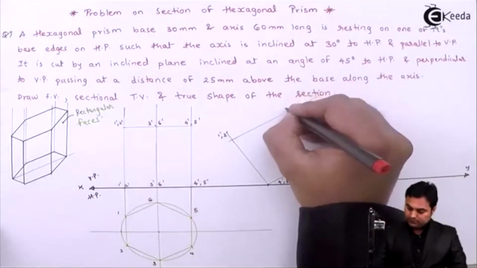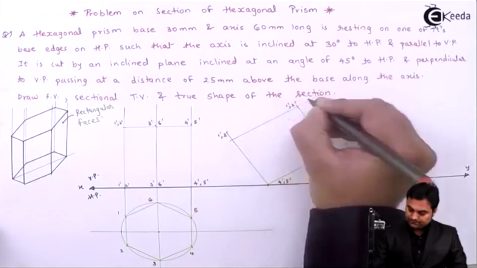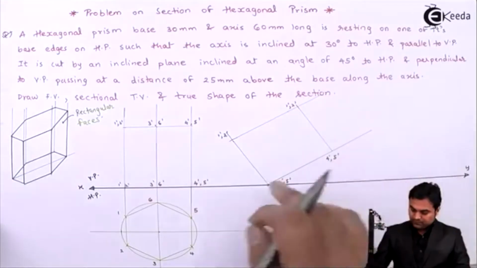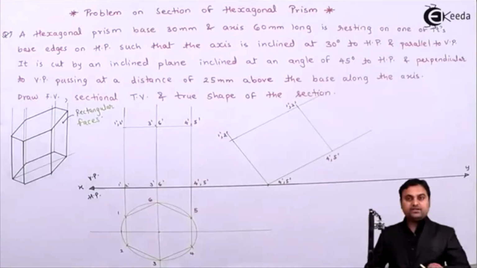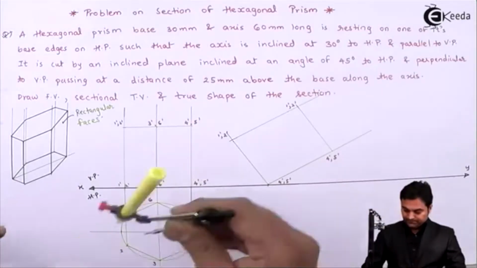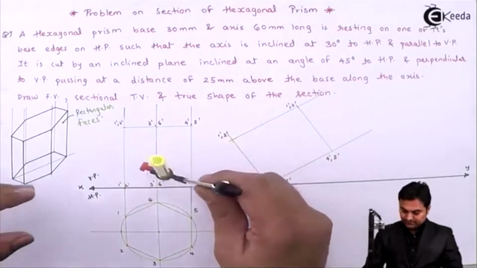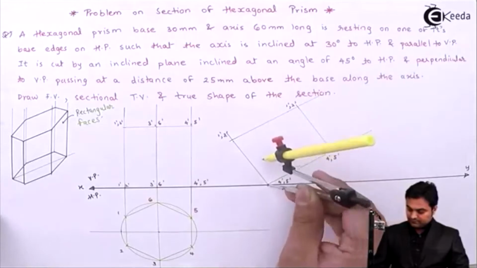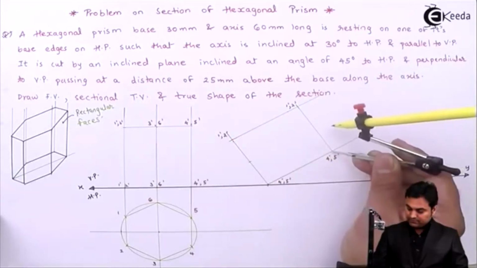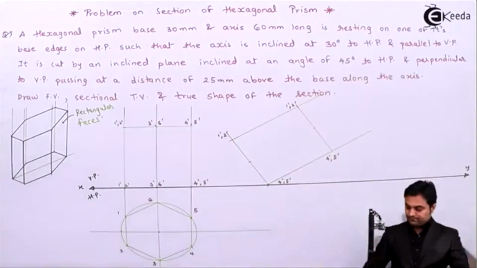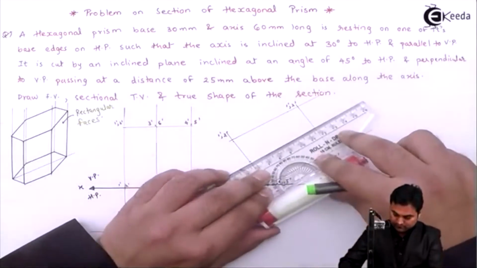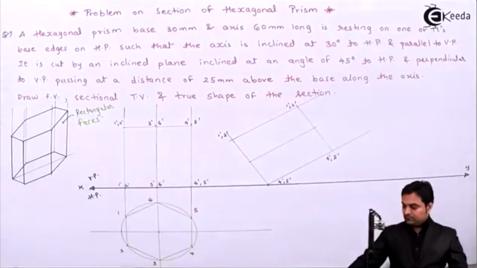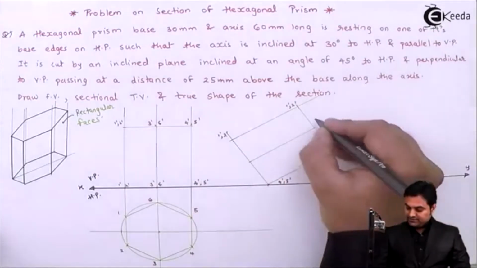So here I'll get 1 dash 2 dash, and this is again 4 dash 5 dash. Next I need to mark 3 dash 6 dash over it. For that I'll take the distance from 4 dash 5 dash up to 3 and 6, connecting with light line first, marking 3 dash 6 dash.